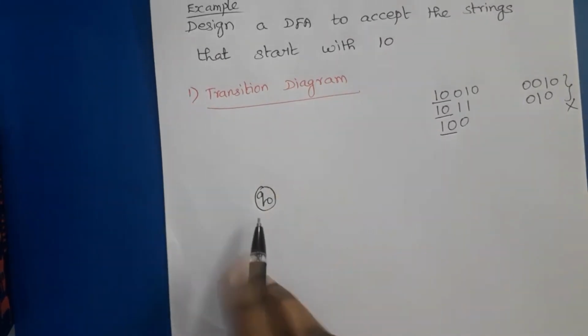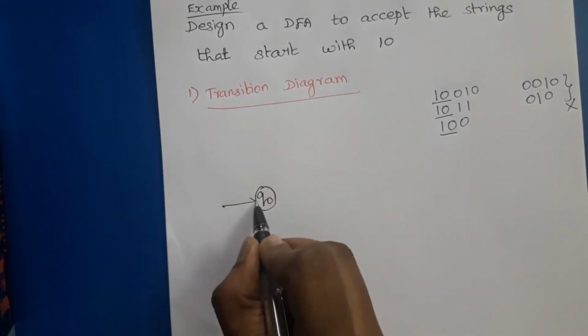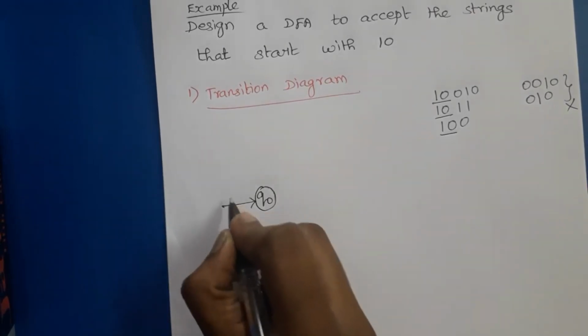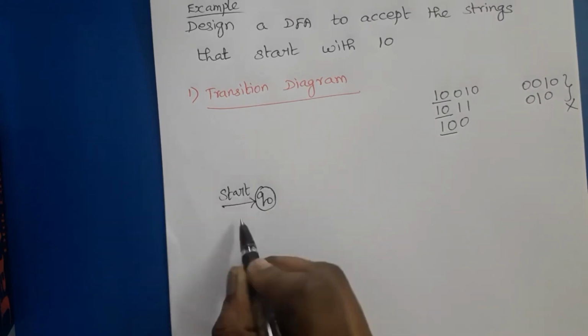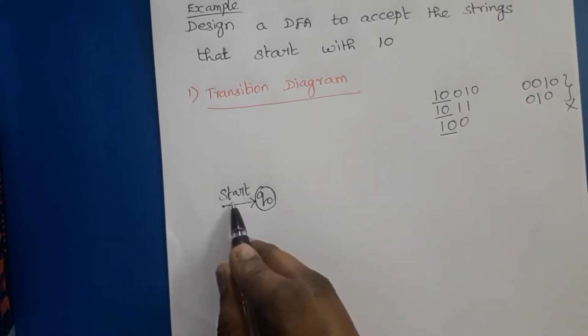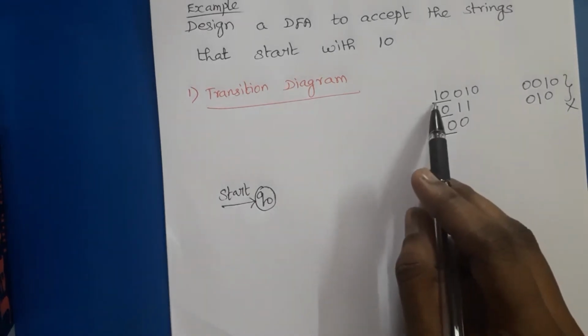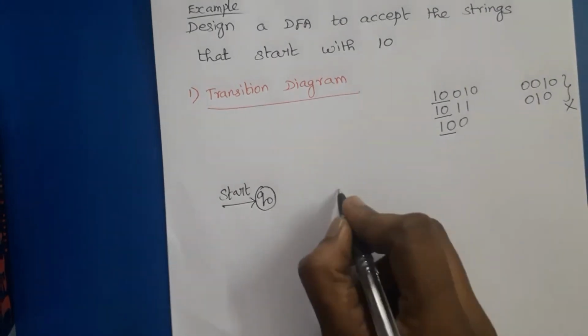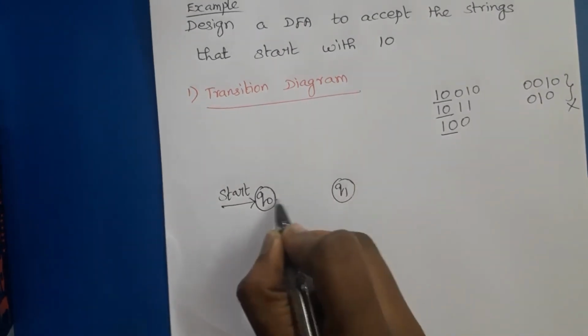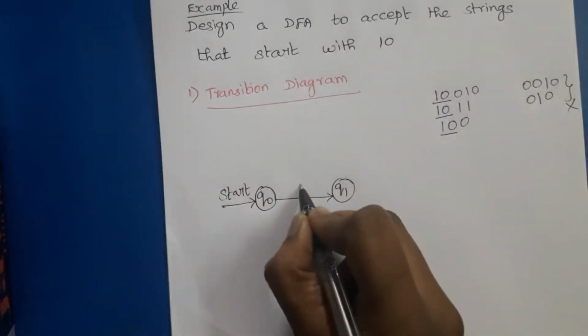In a transition diagram, the start state is normally represented with an arrow leading to that state, labeled by the word start. And the string must start with 1. So from Q0 to Q1, draw an arc labeled by 1.